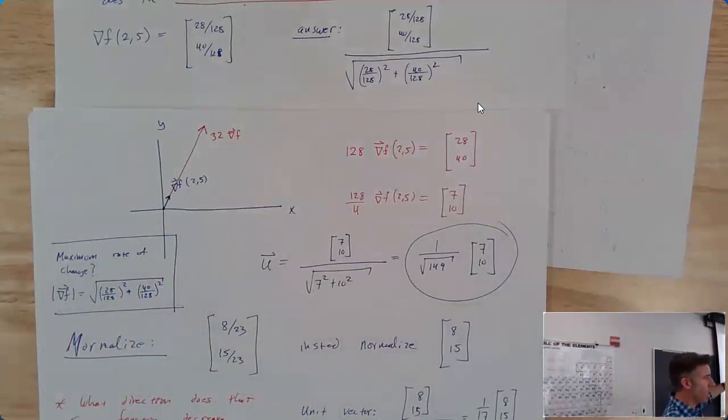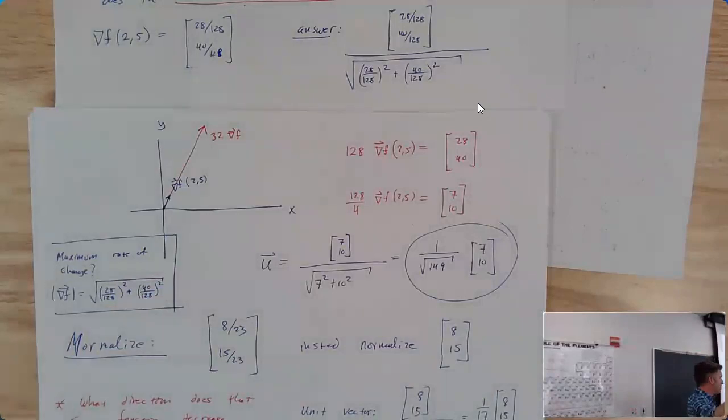Often what will happen is they'll ask you to find the directional derivative somewhere like we did. Then they'll ask you to find the direction of steepest increase, which is the gradient divided by its own magnitude. And then you've already essentially done the work to answer the last question, which is what's the maximum rate of change? It's just the magnitude of the gradient, which you already found when you had to divide by it. So don't do the same work twice.